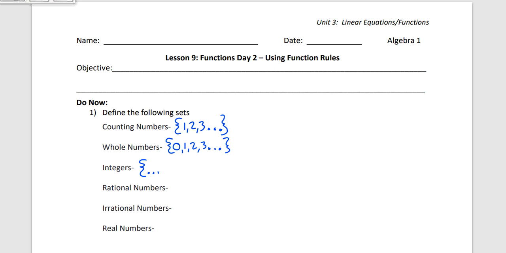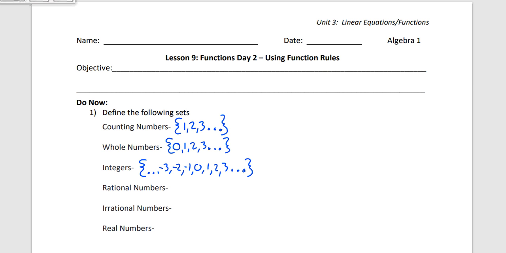Remember when we were doing our interval notation, when we were doing inequalities, we would say it approaches negative infinity or positive infinity. So right now this is going off to negative infinity. I would have -3, -2, -1, 0, 1, 2, 3, and it's going to approach positive infinity. So this is how we can write integers in set notation.